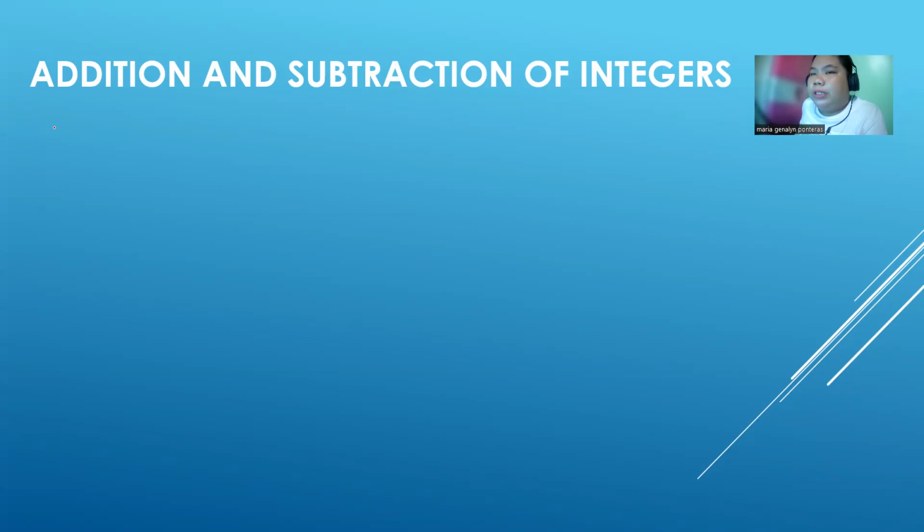So let's say we have negative 8 minus negative 2. So we have rules to follow in subtraction of integers. The first rule, keep the minuend. And the second rule is change the sign. Change the sign of the subtrahend.